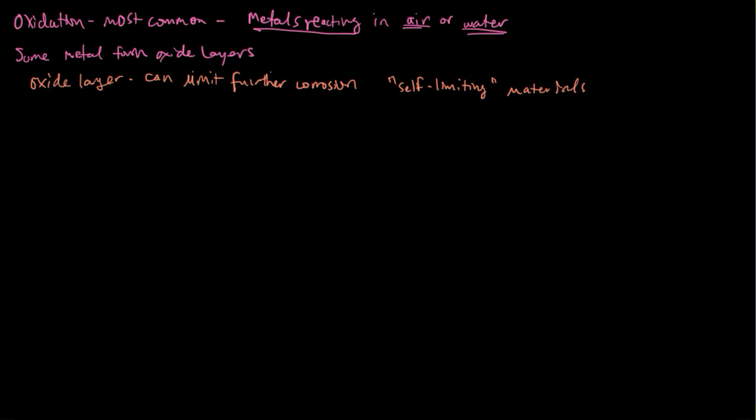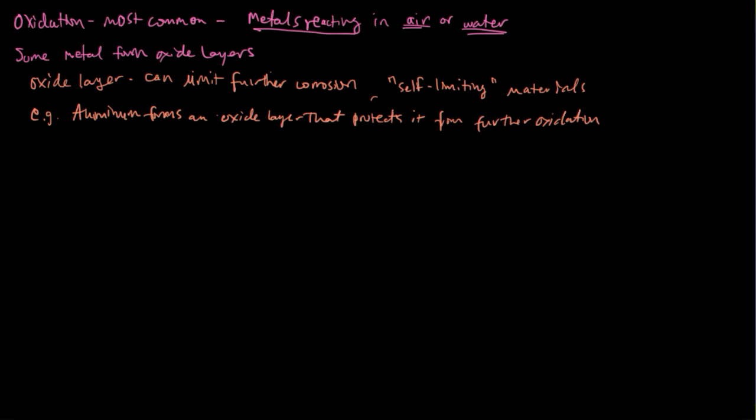As an example, aluminum, which is a very reactive metal, forms an oxide layer that protects it from further oxidation.